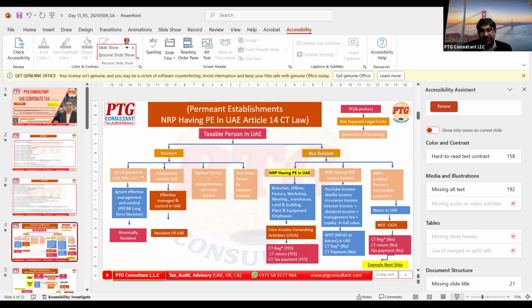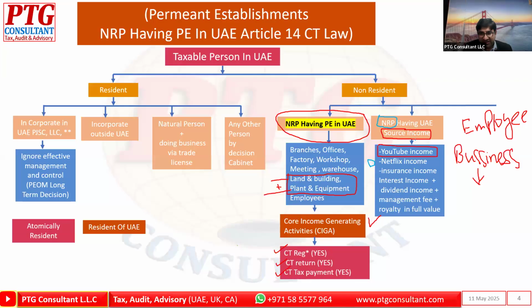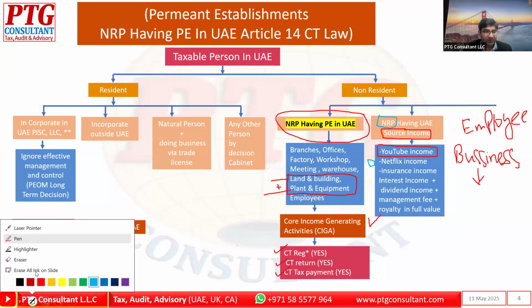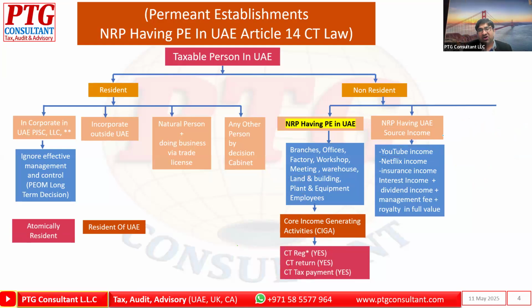Okay. Because if we understand the basic point, then our understanding will move forward very easily. Now, the companies are generating profit from UAE even without having a presence in UAE. The common examples are written over here: YouTube through subscription, Netflix, insurance, interest income, dividend income, management fee, royalty in full value, royalty.